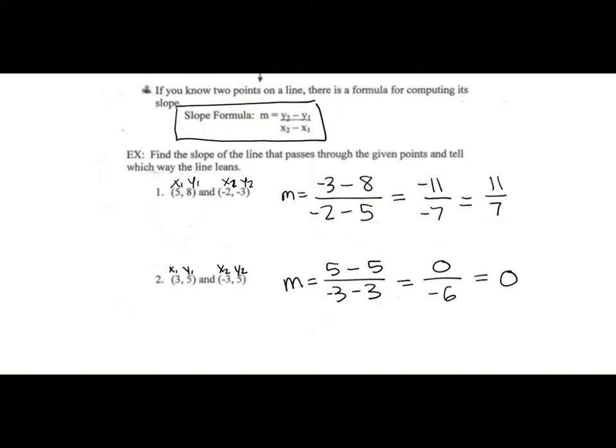So that tells me I have a horizontal line. I have a 0 slope. Remember, when you have 0 on top of the fraction, so 0 over a number, that equals 0. But if we have a number over 0, it spells NO, no, that is undefined.